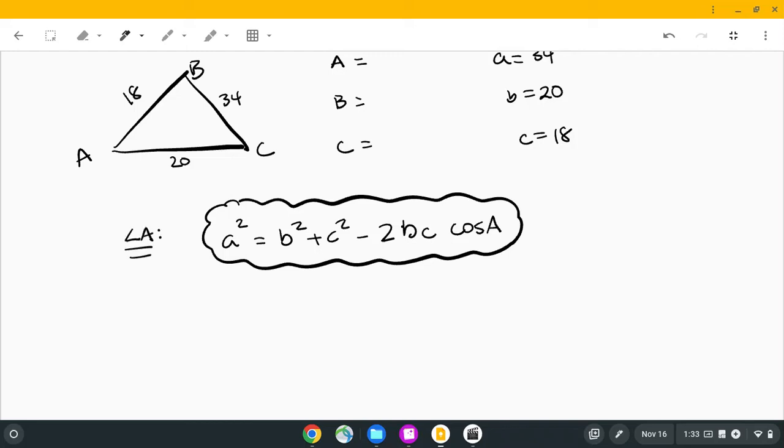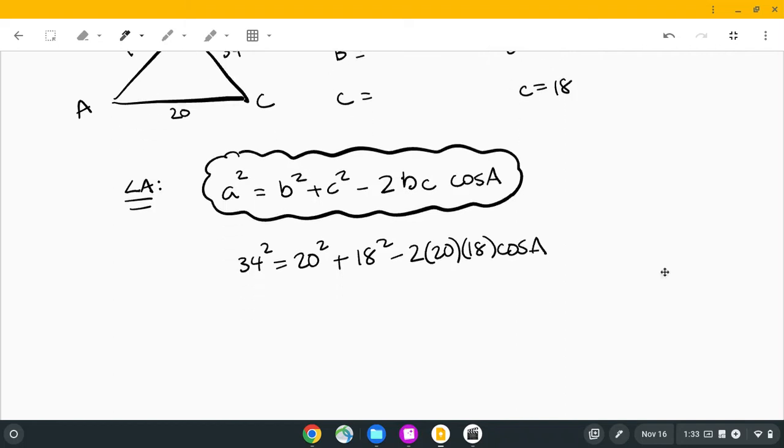All right. So A is 34. So 34 squared equals 20 squared plus 18 squared minus 2 times 20 times 18 times the cosine of A, which is unknown. Okay.